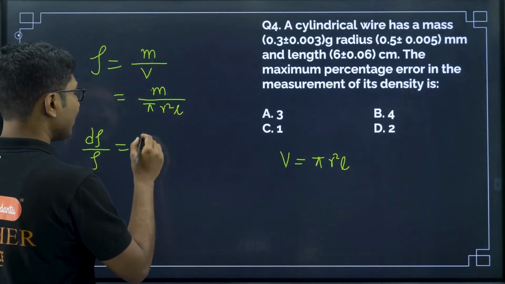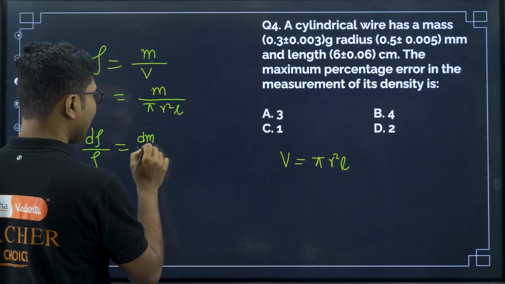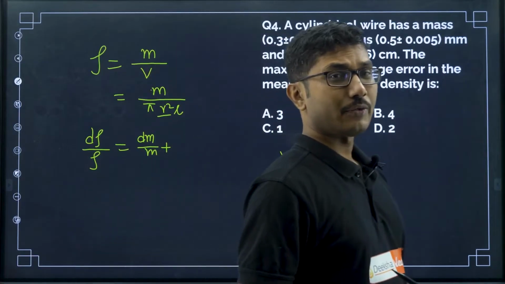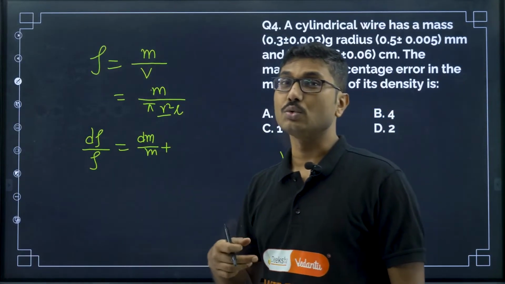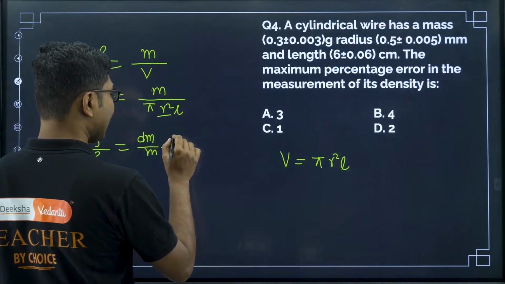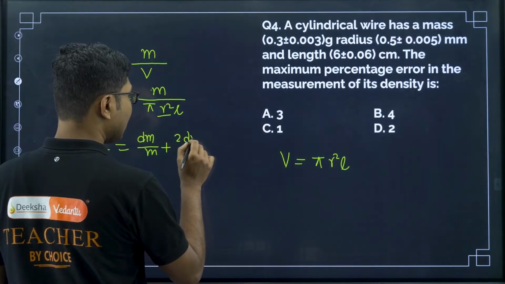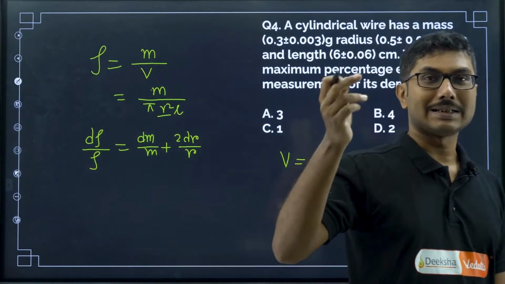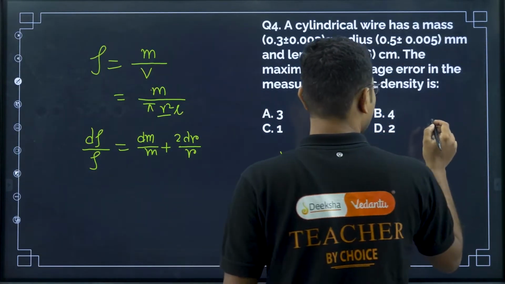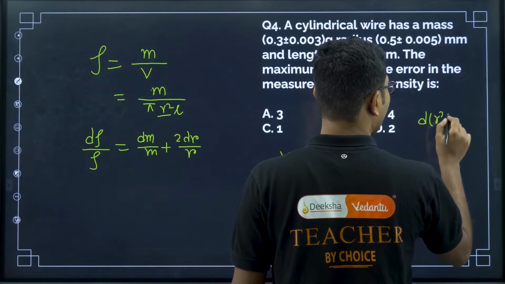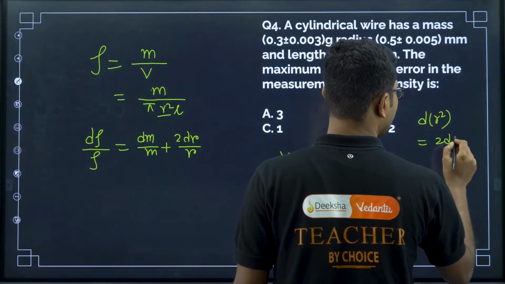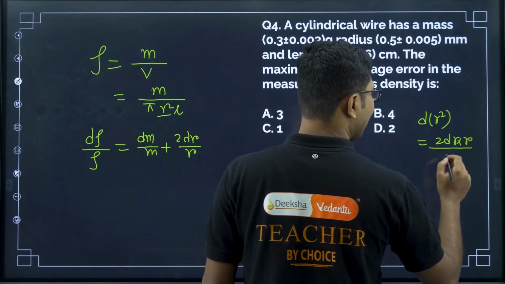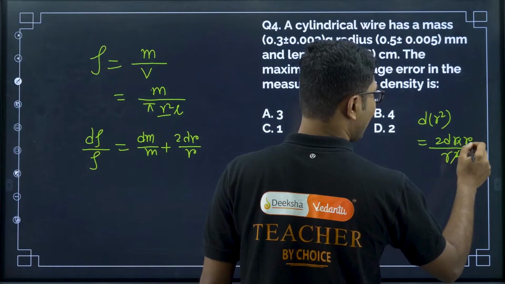So what is d rho by rho? Very simple. It will be dm by m plus, the differentiation of r square is 2r, so while writing that you have to write 2 dr by r. If you are doing d of r square you will get 2r dr, but when you are dividing it by r square, one of the r will cancel.